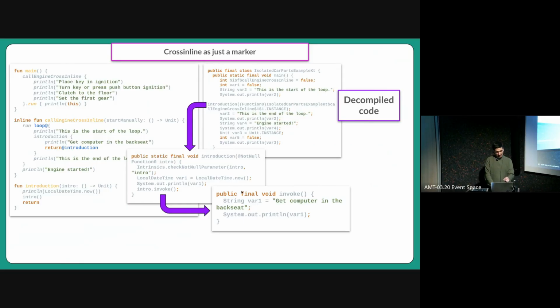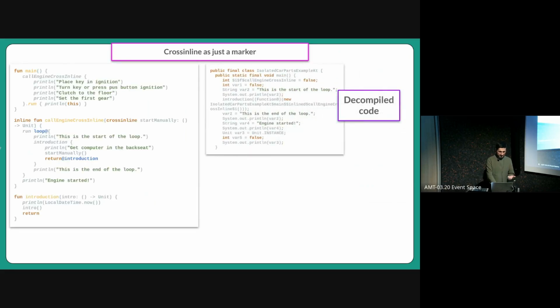And in the decompilation, we also get this invoke with what we have put in the call for introduction. So nothing special here, but then I made another example where I'm calling this start manual inside of it. And IntelliJ forces us to use crossinline. Without it, it doesn't compile.